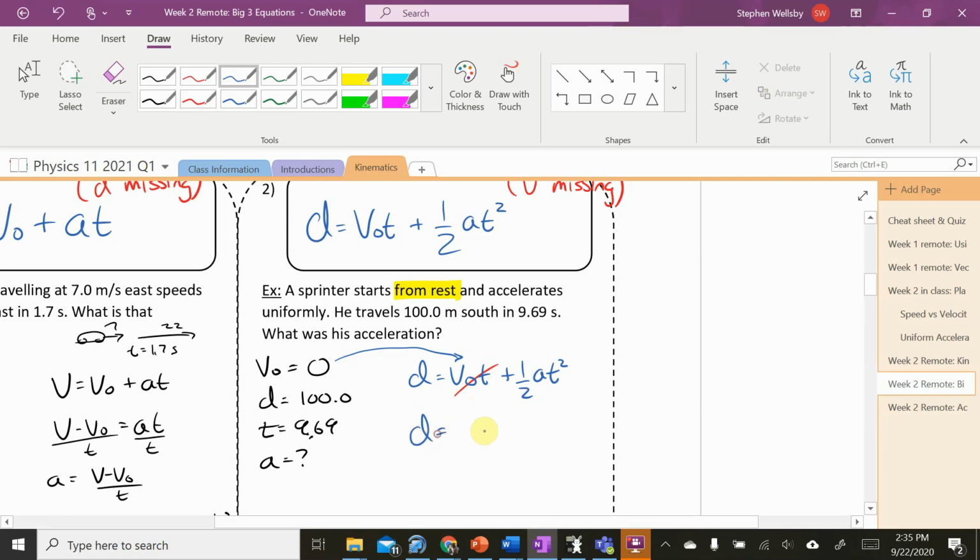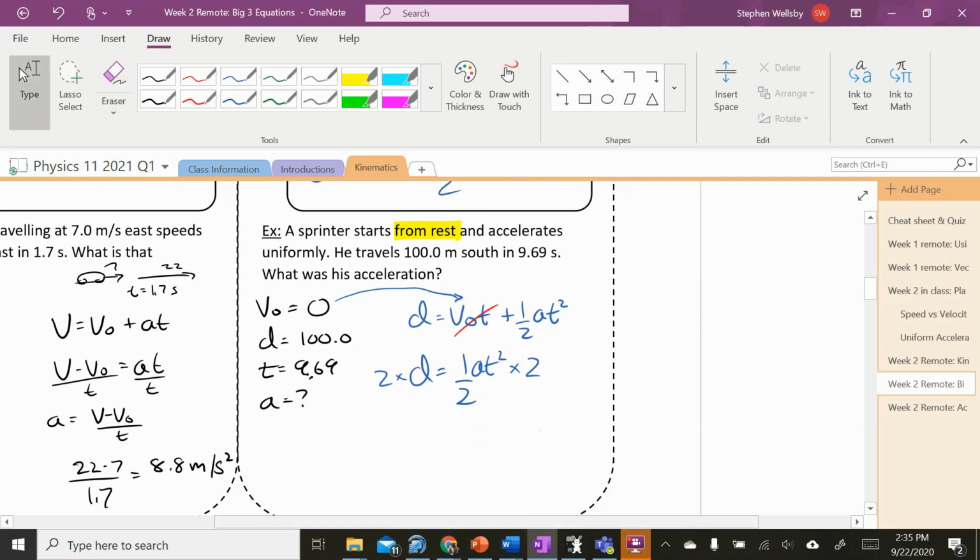So now I have D equals 1/2 AT squared. I'm going to multiply both sides by 2. And I have 2D equals AT squared. And I'm going to divide both sides by T squared.